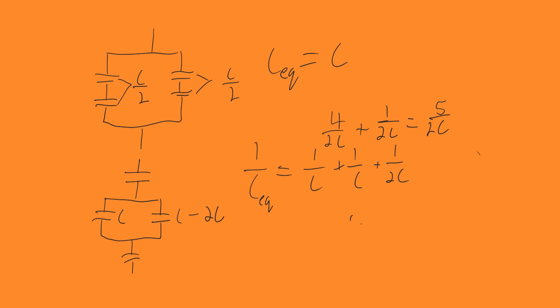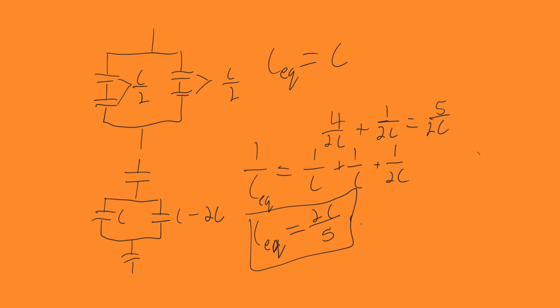Which means that the equivalent capacitance is going to be 2C over 5, or 2/5 capacitance. Cool. So this last one's a little bit complicated, but notice how we started off with the ones that were in parallel, and then we moved to the ones that were in series.